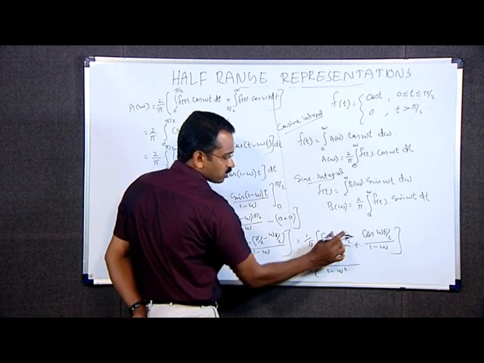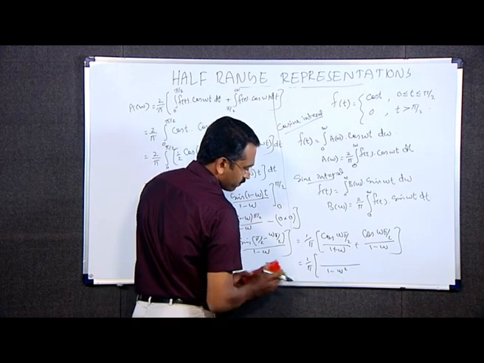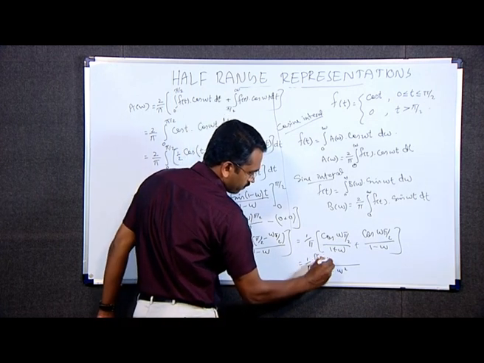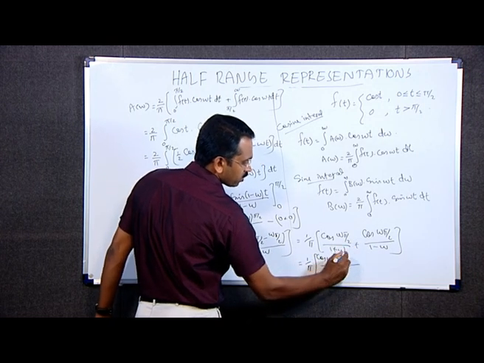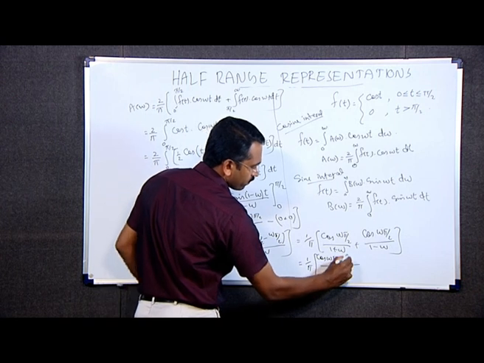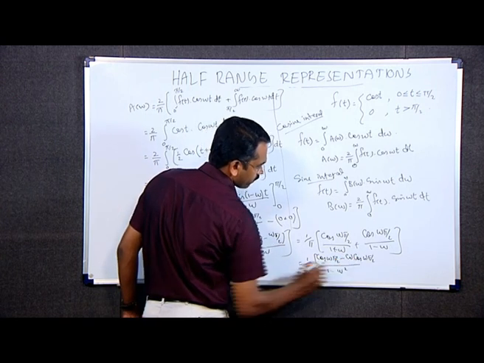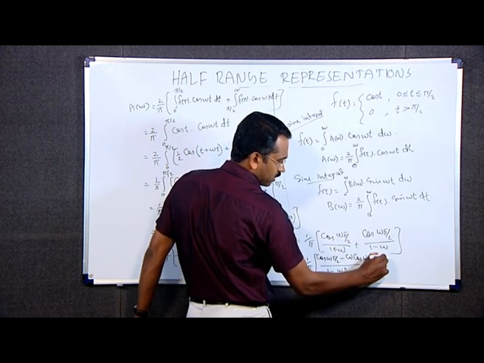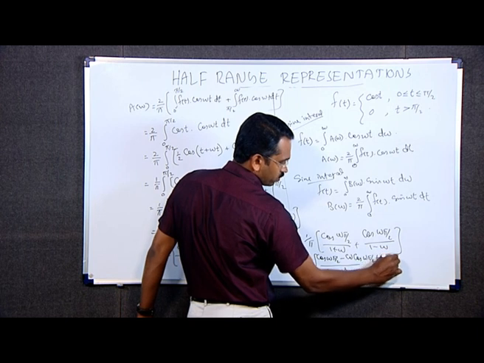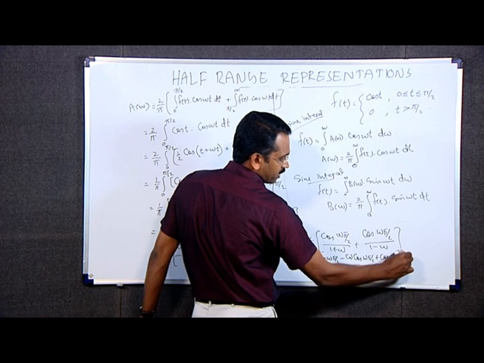Here 1 into cos omega pi by 2 is cos omega pi by 2, minus omega into cos omega pi by 2, plus 1 into cos omega pi by 2, that is cos omega pi by 2, plus omega into cos omega pi by 2.